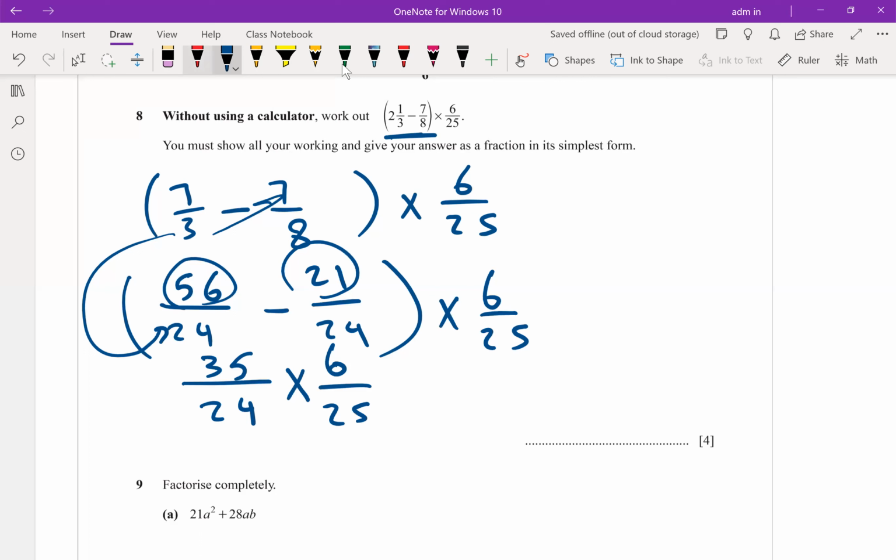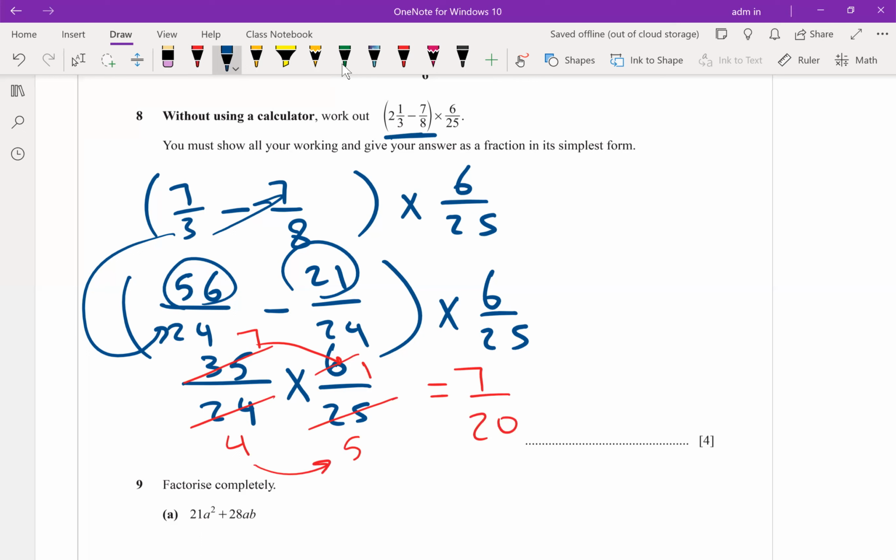If you can simplify like this, 6 divided by 6 equals 1, 24 divided by 6 equals 4, then 25 divided by 5 equals 5, 35 divided by 5 equals 7. In numerator together, 7 times 1 is 7, 4 times 5 is 20. This is the final answer.